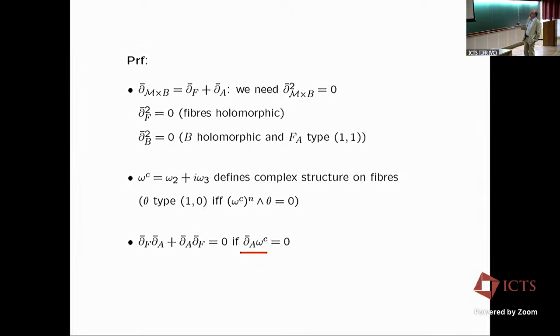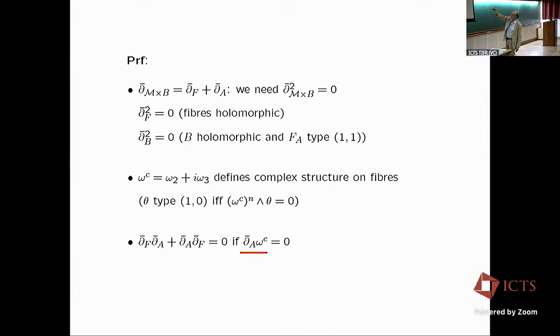So you need to prove that the d bar operator, d bar along the fibers, which is given by the Higgs bundle complex structure, and d bar A, where A is this non-flat symplectic connection, satisfies d bar squared equal to 0 for integrability. There are three pieces to that. D bar squared along the fibers is 0 because the fibers are holomorphic.